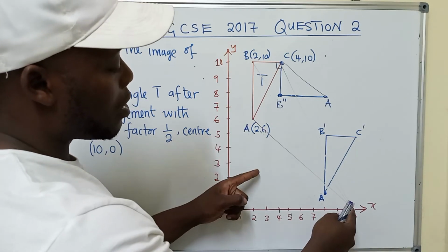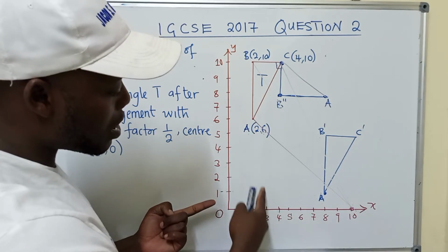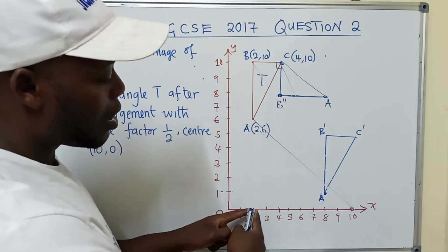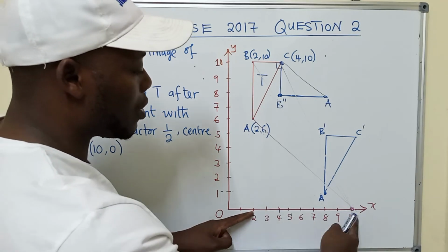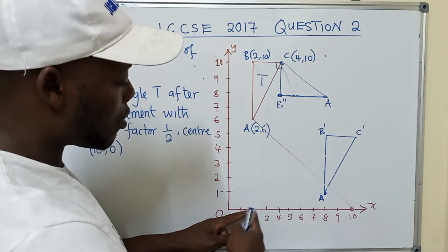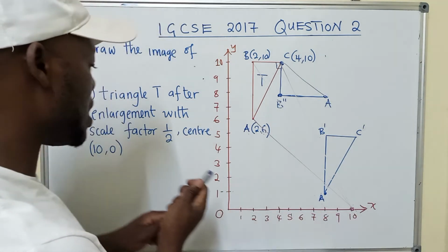Find the difference, or the distance, from where point A is to the center along the x-axis. If you can see, this is 0, 1, 2, 3, 4, 5, 6, 7, 8. It's 8.